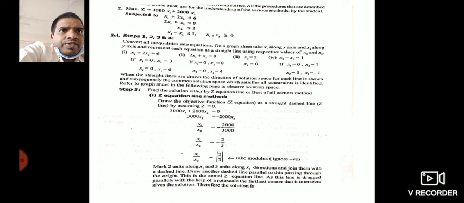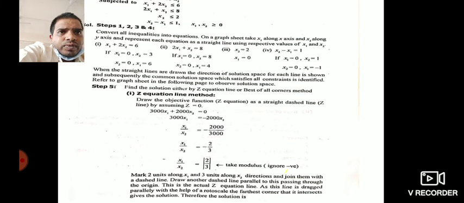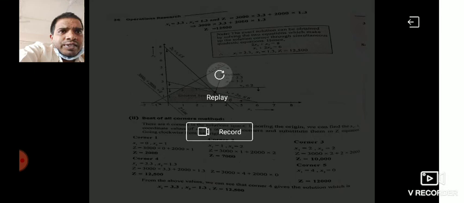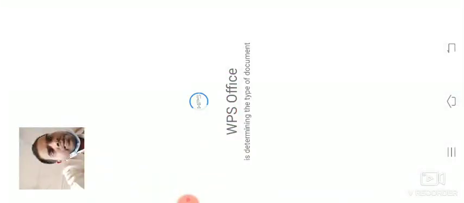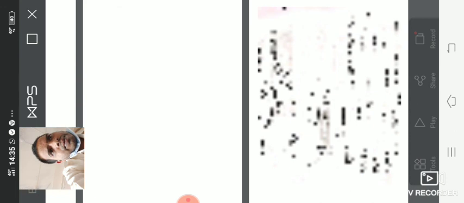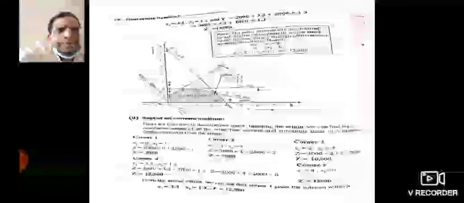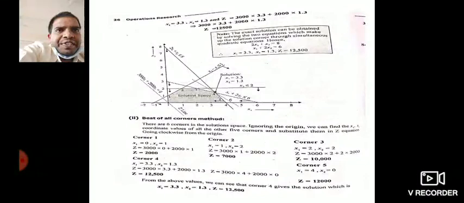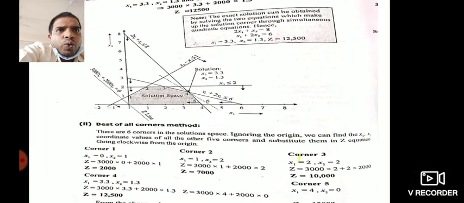Third constraint: x1 is 0, x2 is 2, and the fourth one is x2 is 1, x1 is 1. All these constraints say that the feasible solution space is towards the origin.